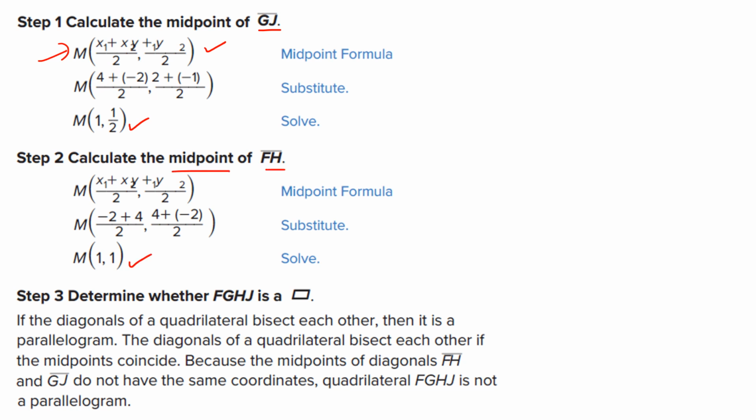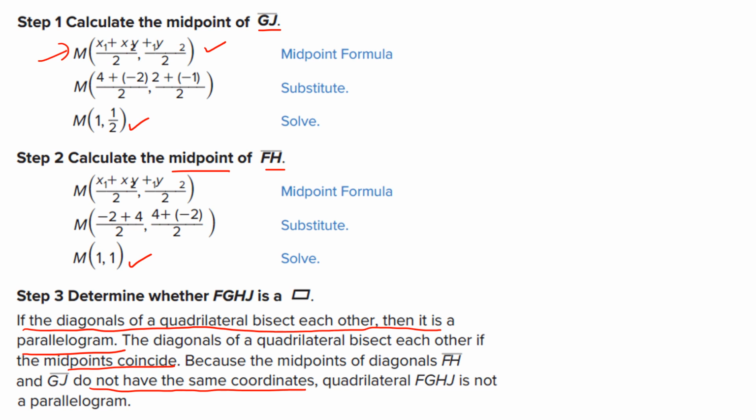Now these two are different, they are not the same. If the diagonals bisect each other, then it is a parallelogram. We are using this theorem, and in order to use it, we should have the same midpoint. But because the midpoints are different, they do not have the same coordinates. Can we say it is a parallelogram?